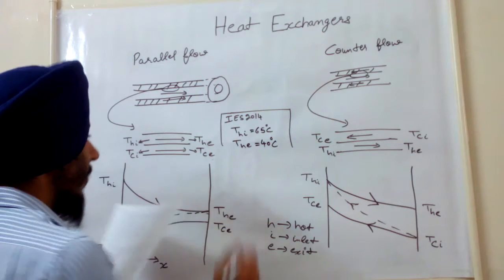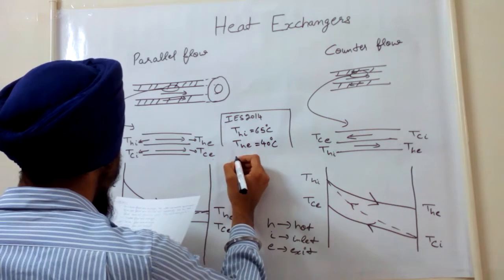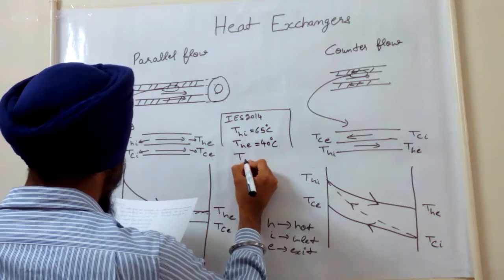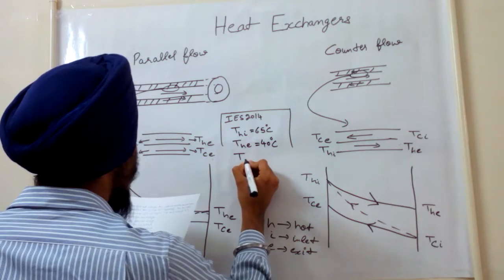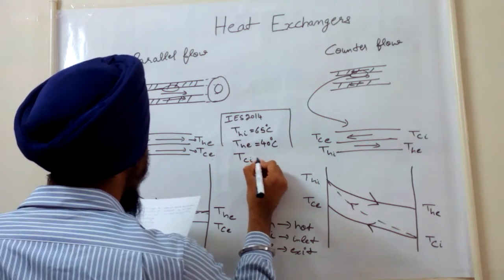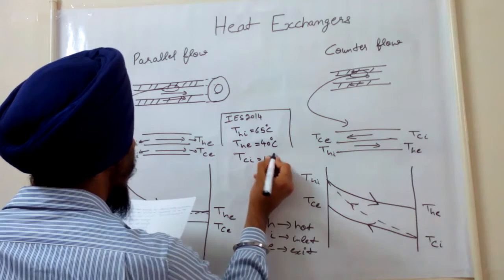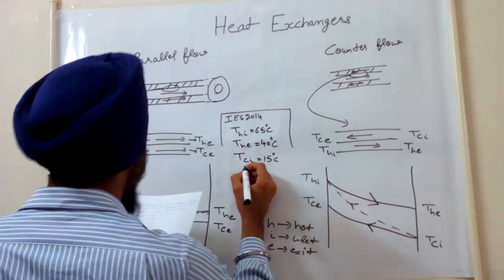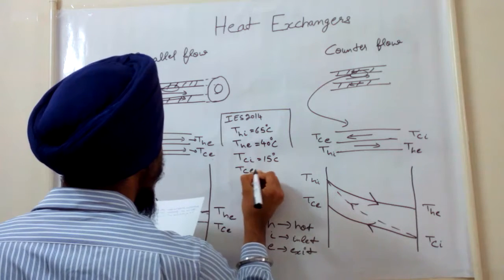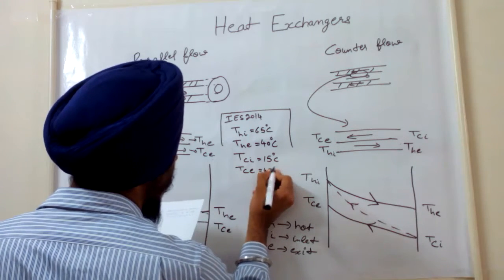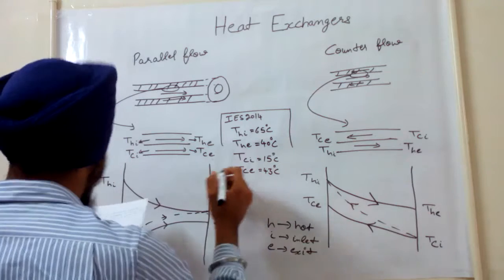For the cold fluid, they are giving the conditions. For the cold, T_CI is equal to 15 degrees Celsius and the exit temperature of the cold they have told is 43 degrees Celsius.